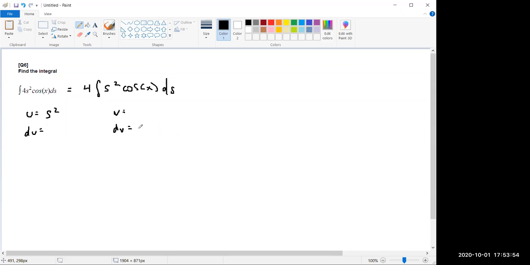So if you do s squared for u, you would get 2s ds. Did I make a typo here? Yeah, there's actually a typo in this question. This is supposed to be cosine of s. The variables are supposed to be the same.